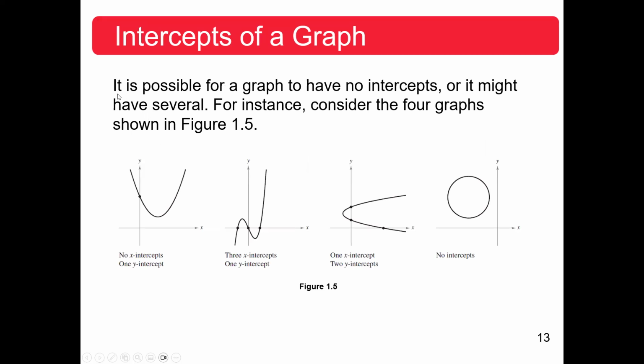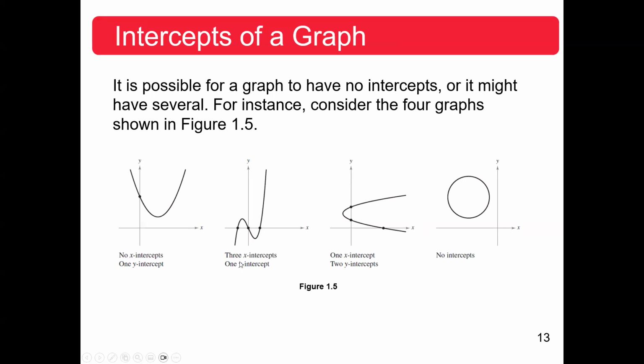So now here we say there are a lot of intercepts of a graph. It depends on the type of graph. For example, if we look at this graph here, there's no x-intercept, as we can see. It doesn't reach the x-axis. We have only one y-intercept. But when we look here, we have 3 x-intercepts, and the graph intercepts the x-axis 3 times.